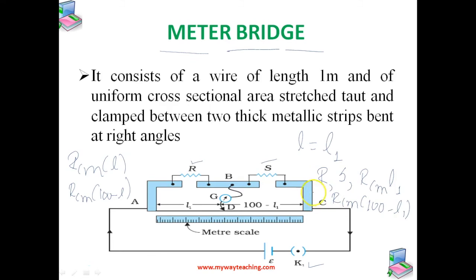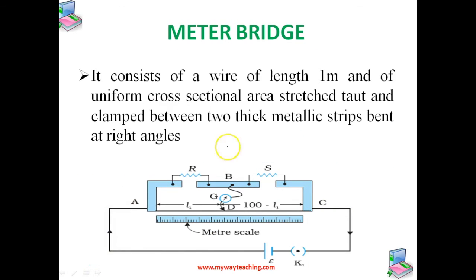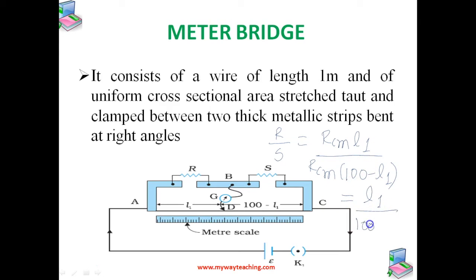The balance condition is R by S is equal to R_cm L1 divided by R_cm (100 minus L1), which is equal to L1 by (100 minus L1).